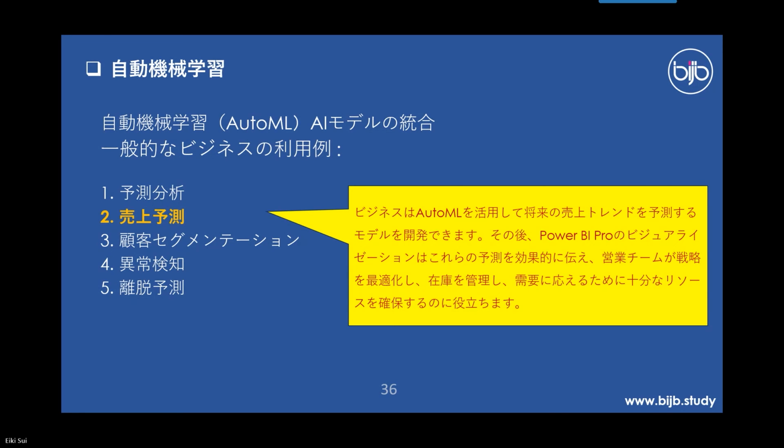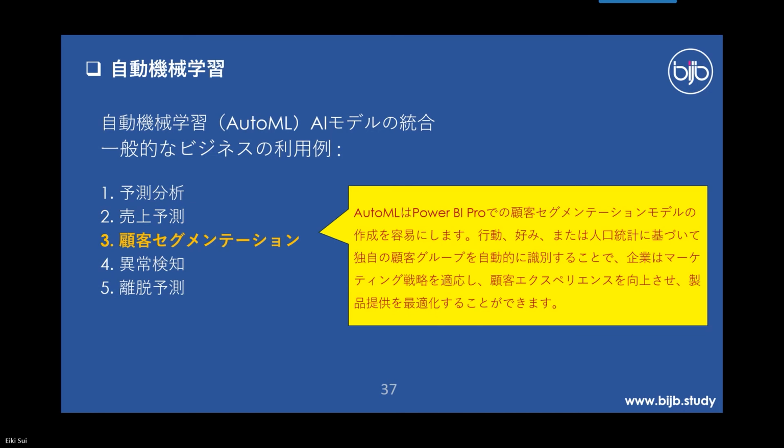Visualization can communicate this forecast effectively, assisting the sales team to optimize strategies, manage inventories, and ensure sufficient resources meet demand. Basically, it allows the forecast and, more importantly, allows the business to tweak and predict what happens if something changes. You can significantly improve your bottom line for sales and cut the cost for resources, materials, etc.